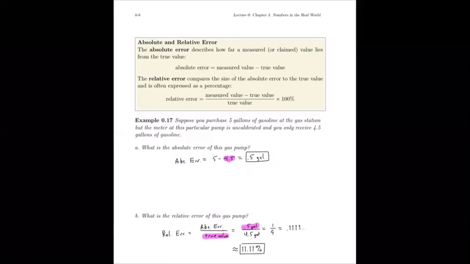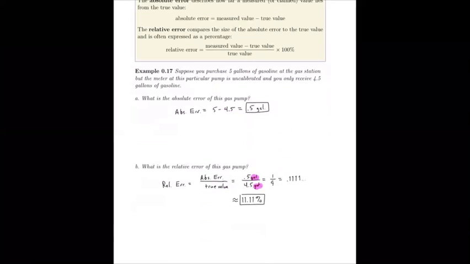And I've added the units just as a callback to chapter 2 to see that the units cancel, as they should if we're expecting to get a percentage as our answer. And 0.5 divided by 4.5 is 1/9 or 0.1 repeating. Rounding to the hundredths place, our percentage is 11.11%.